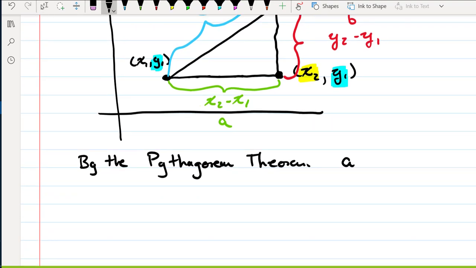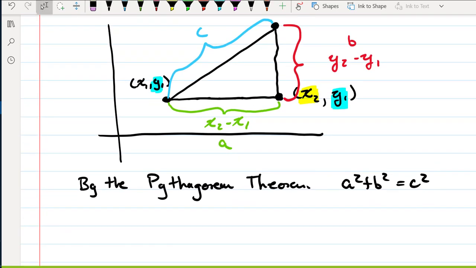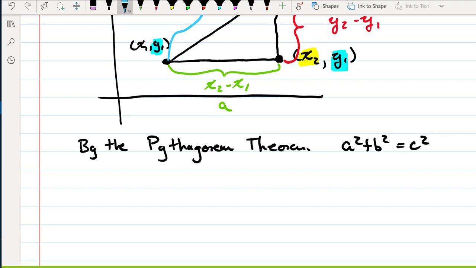We know that it is a squared plus b squared equals c squared, but I'm going to write it in the opposite order. I'm going to do the c first. So I have c squared is equal to a squared plus b squared. But we know what all of these things are.